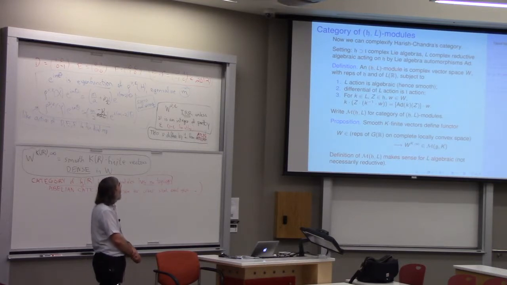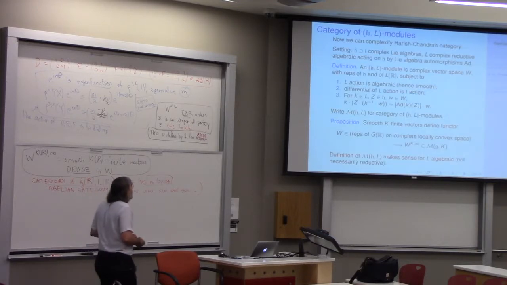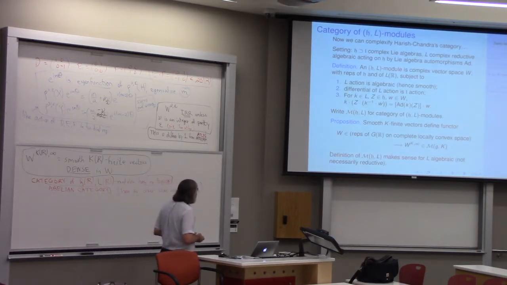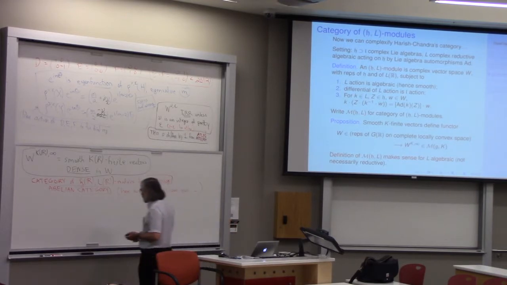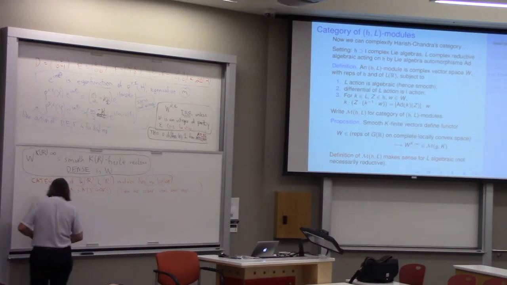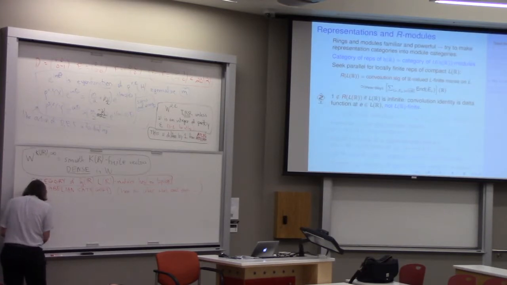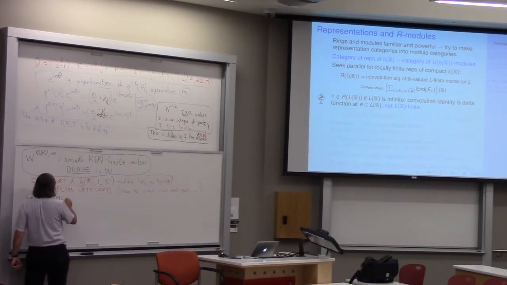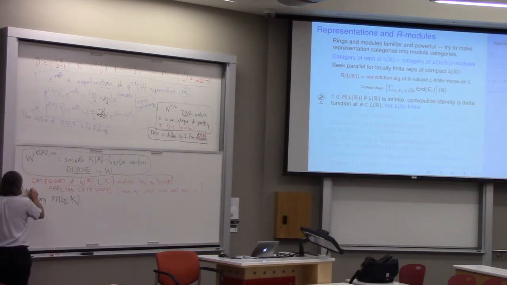Okay, so now we've got this category. We've got this category M of GK, and it's abelian.